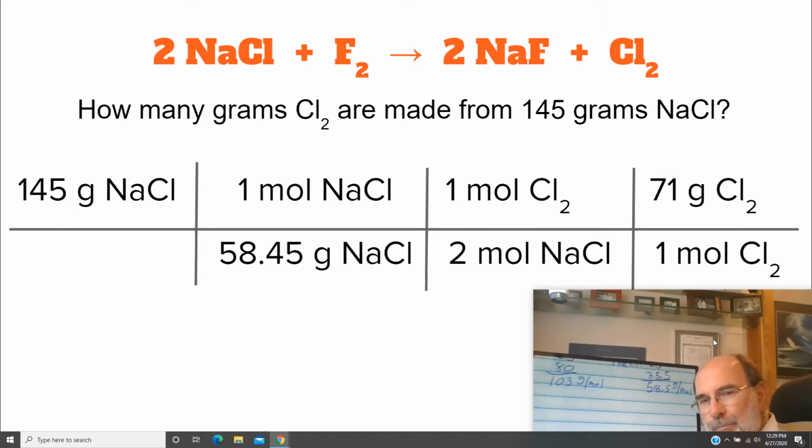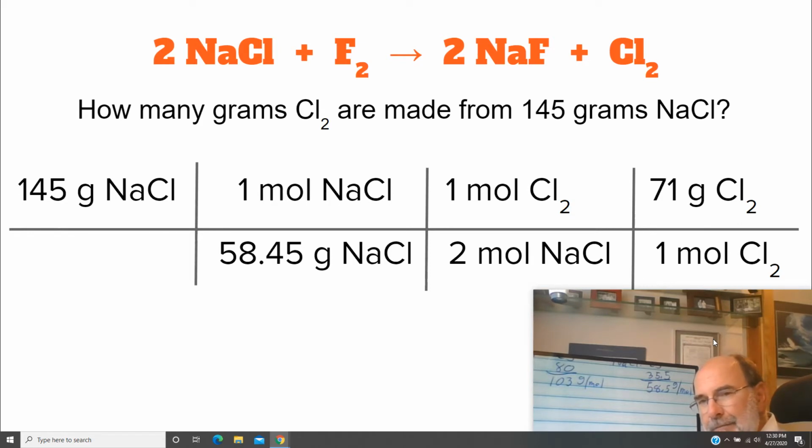So the ratio is 1 mole of chlorine for every 2 moles of sodium chloride. The chlorine goes on top, the sodium chloride goes on the bottom, and column 2's numerator cancels column 3's denominator. So now we've converted the 145 grams of sodium chloride into moles of chlorine gas.